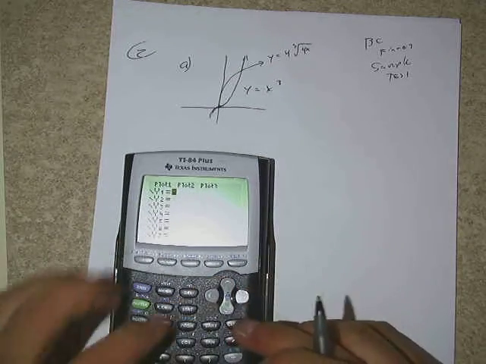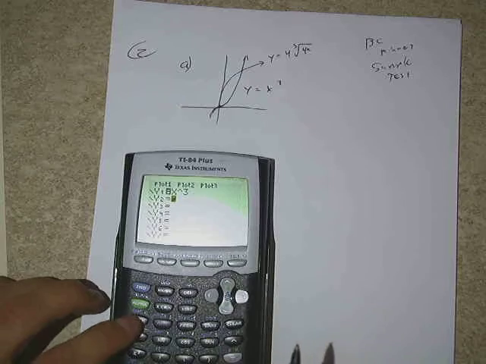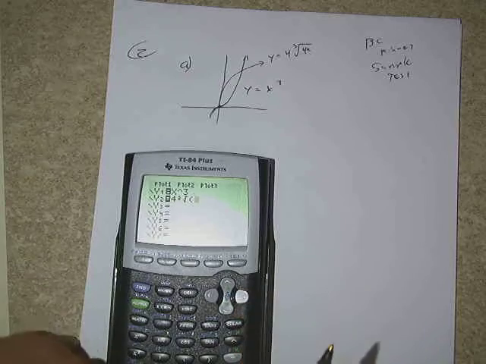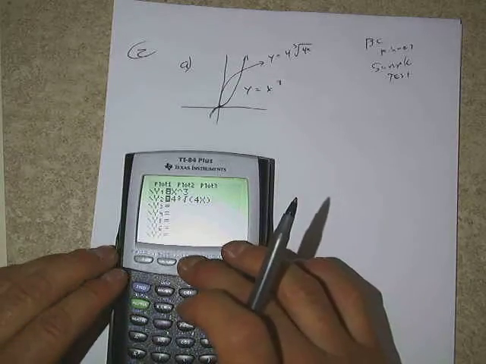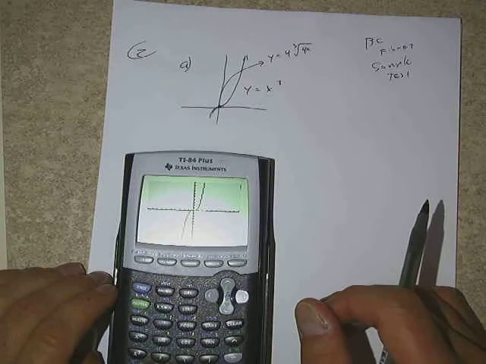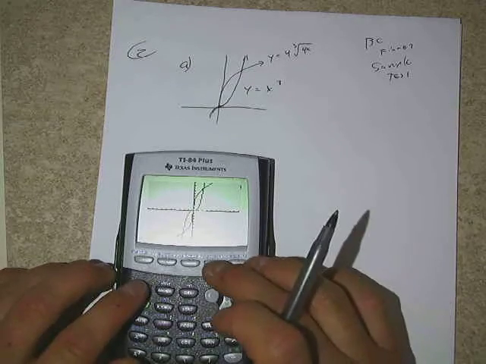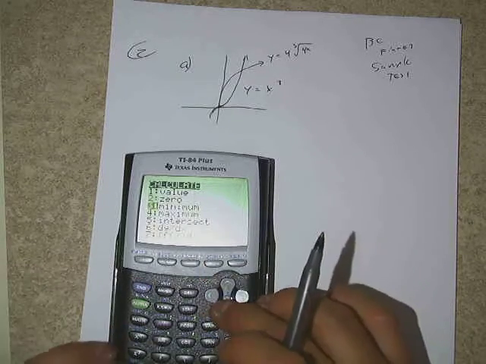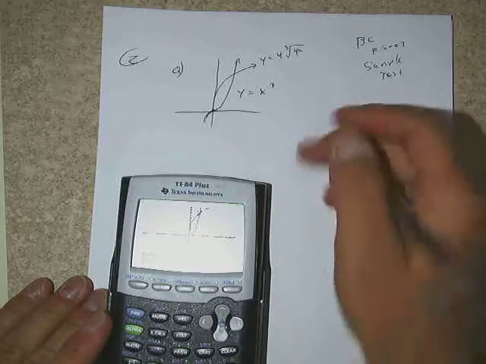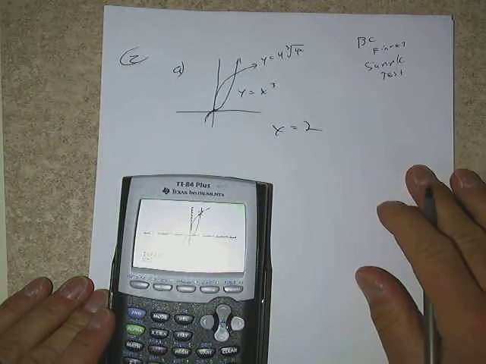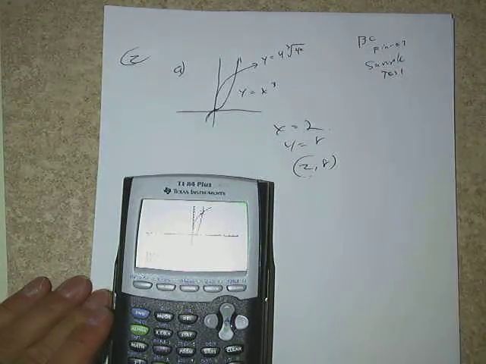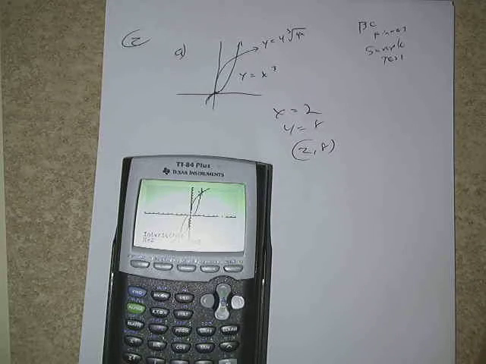So draw the graph, and do our intersect command. And looks like we get x equals 2. So find the coordinates of the point: y equals 8. I want the coordinates. 2, 8 is where they meet.